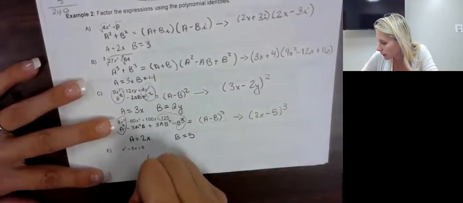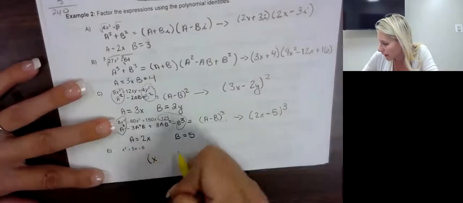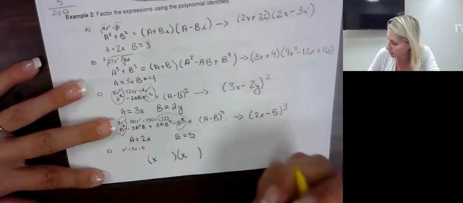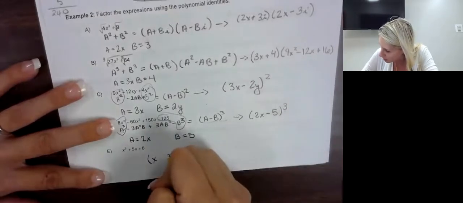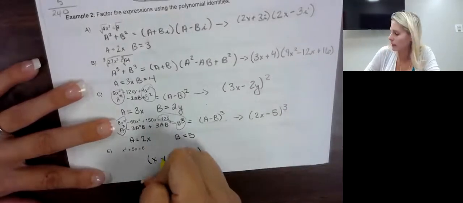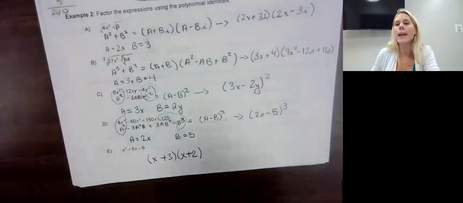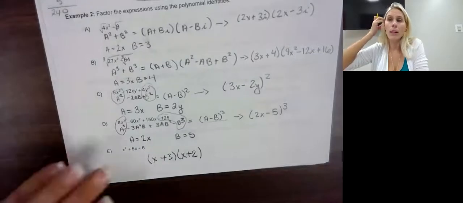So when you're done with this, this should be x plus 3 times x plus 2. And we're done. Again, do it by your box method or your grouping based on our first chapter.